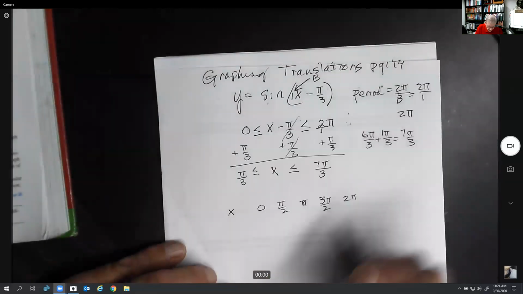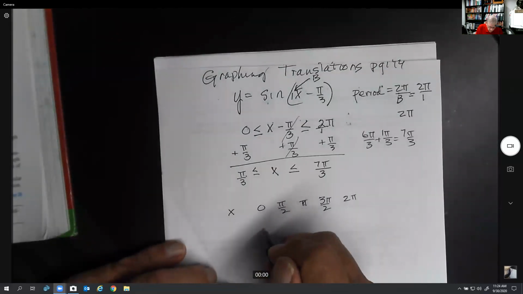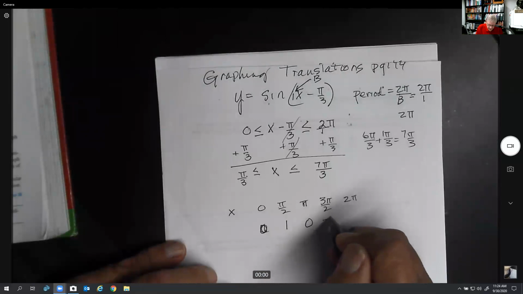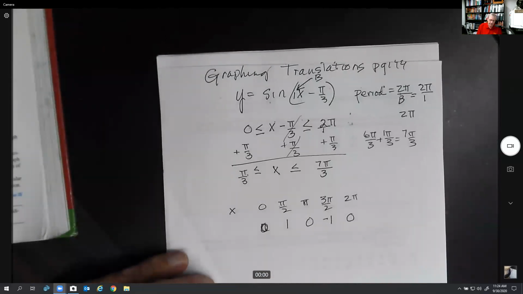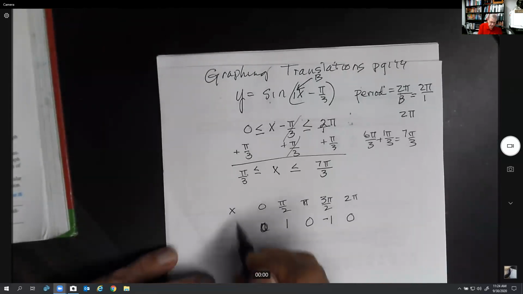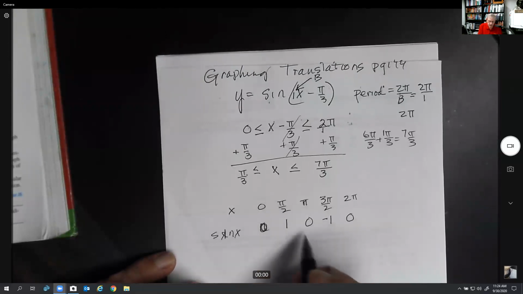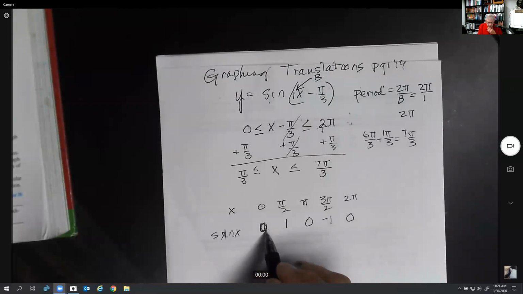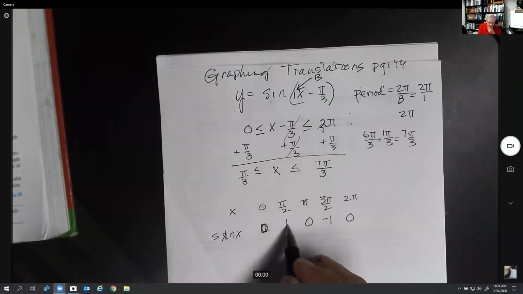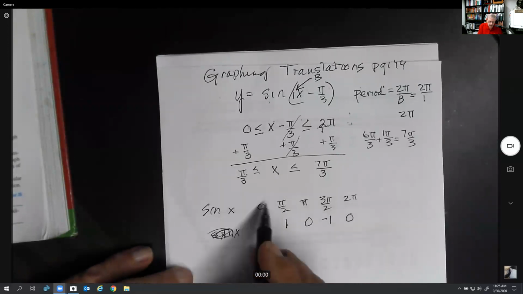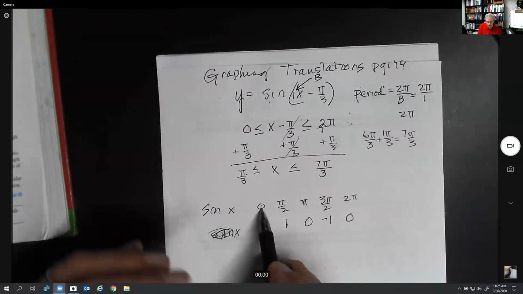And since this is a sine function, we normally go 0, 1, 0, negative 1, 0, right? So the sine of x, when it's 0, the value is 0.